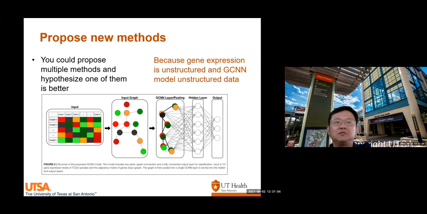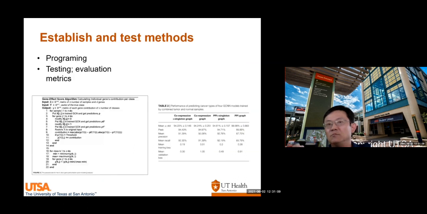Okay. So once we propose this new method, the next step is to really establish this method and test it. This step involves programming, specifically if you're conducting AI research, right? So a lot of Python programming, possibly also MATLAB programming, R programming.